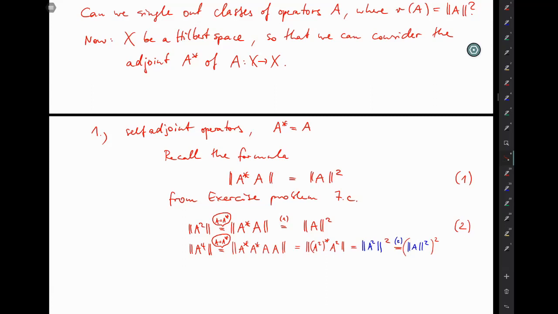And let me use different colors here, because the argument is just for the blue part, where we use equation 2 and get this new blue part where the square comes out of the norm. But we should not forget about the other square, which was still outside here, which is now giving us the 4th power of norm A. So indeed also a 4 can come out of the norm.